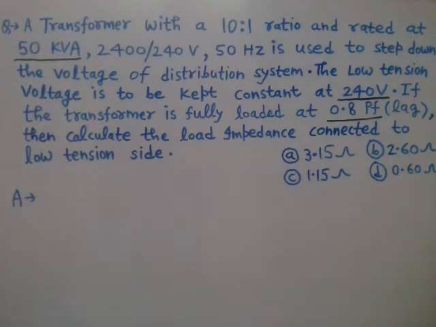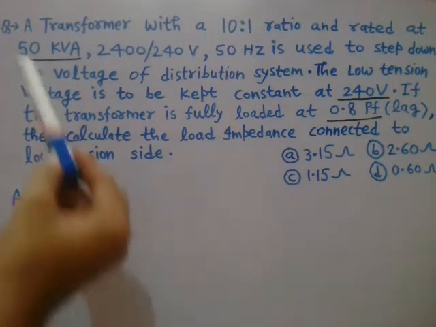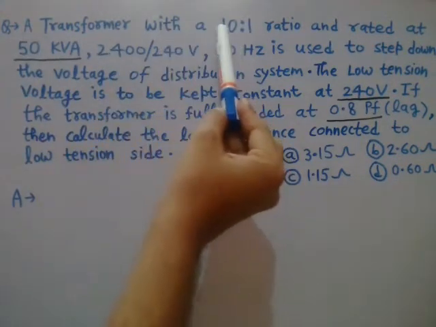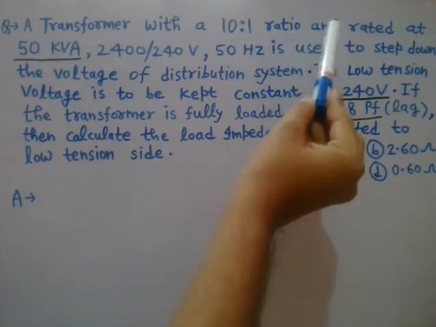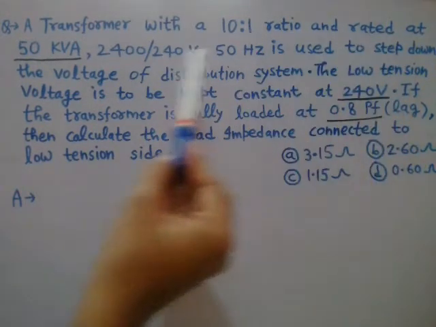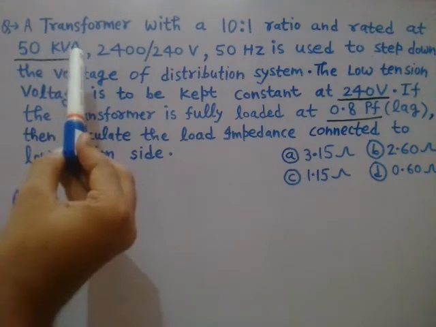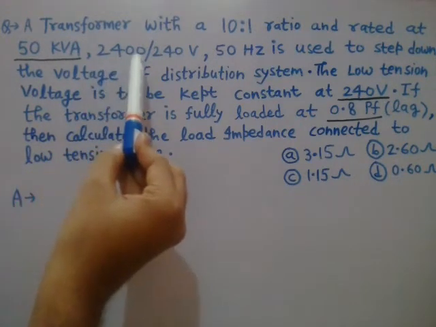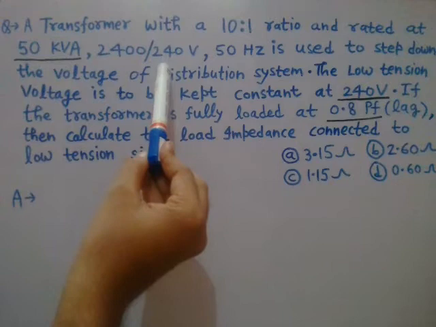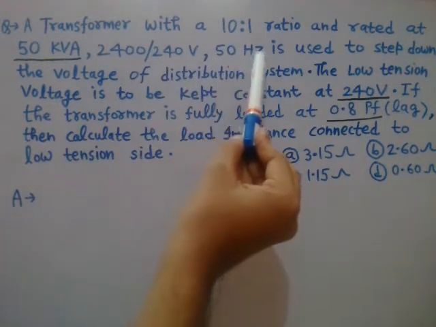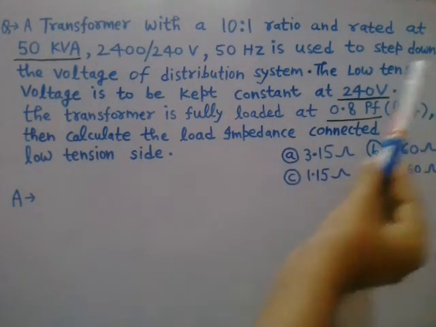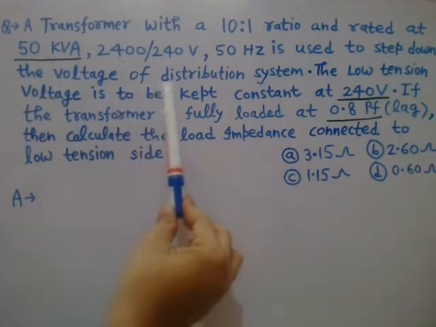Let me reiterate the question once again. A transformer with a 10:1 ratio and rated at 50 kVA, 2400/240 volt, 50 Hz, is used to step down the voltage of a distribution system.